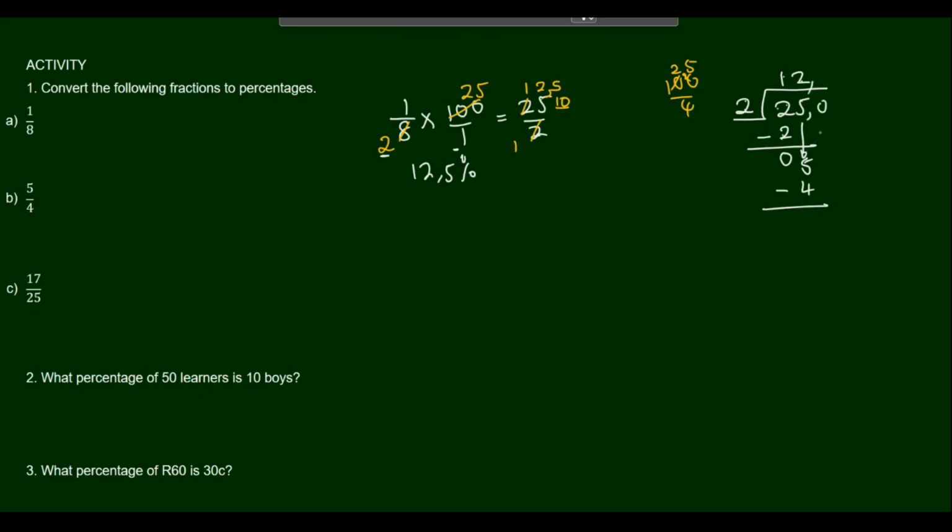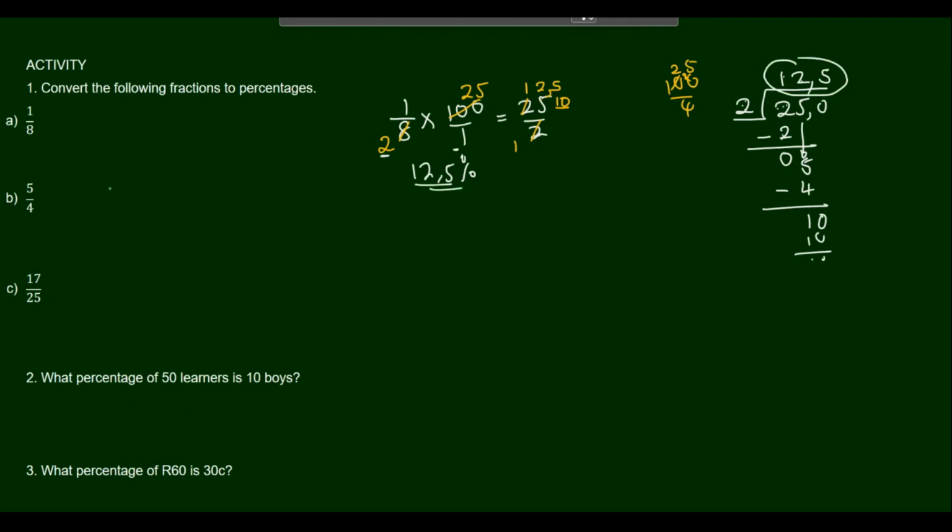Then you can drop the 0 after saying 5 minus 4 is 1. Then you can drop the 0, which is 10. Then 2 into 10 is 5. Then 5 times 2 is 10. And then 25 divided by 2 is 12.5, which is this answer here.